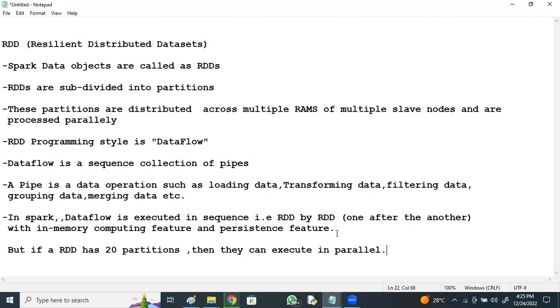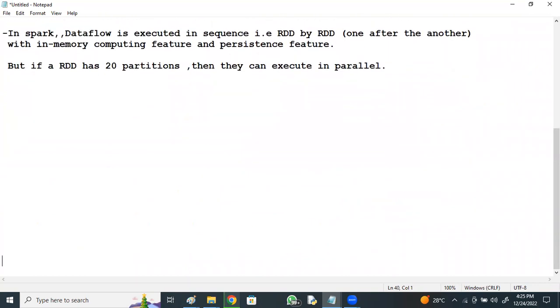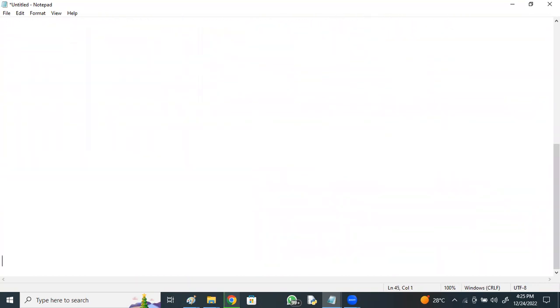Okay. Now just observe this. On an RDD, two types of operations can be performed.